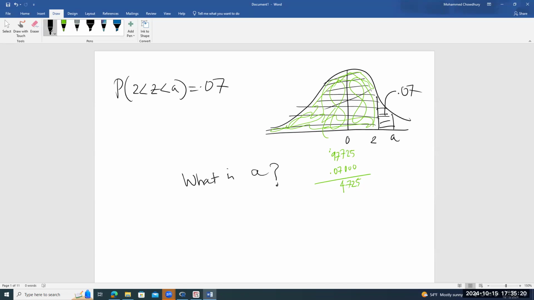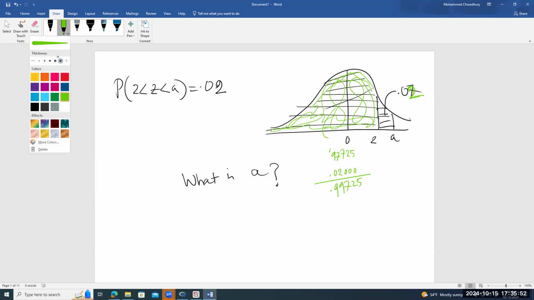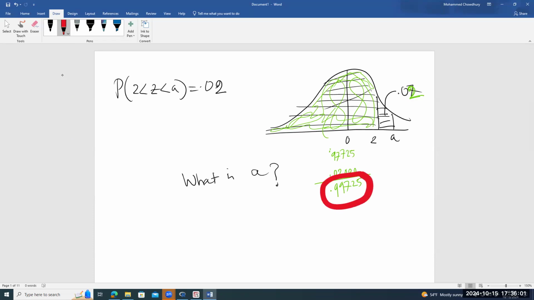If I turn it to 0, then it will work, right? Let me go there. If I come in there, 0.02. Now this is 0.02. Now if you add this, 0.99725. Clear? So now this area, let me take a different color, this area equals that area.